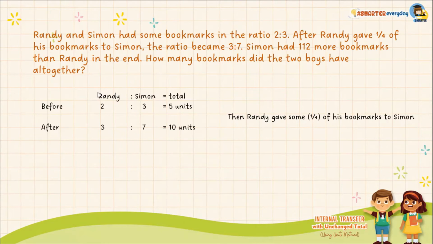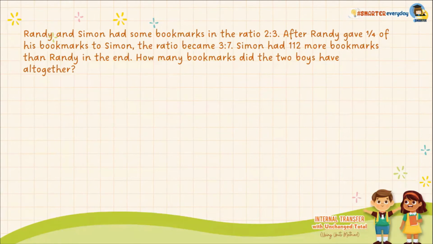That means we have to change the total in the before condition to become 10 units. We need to times it with 2. So to make it the same, we have to times it with 2. All of them, in the before condition: Randy's ratio, Simon's ratio, and also the totals.